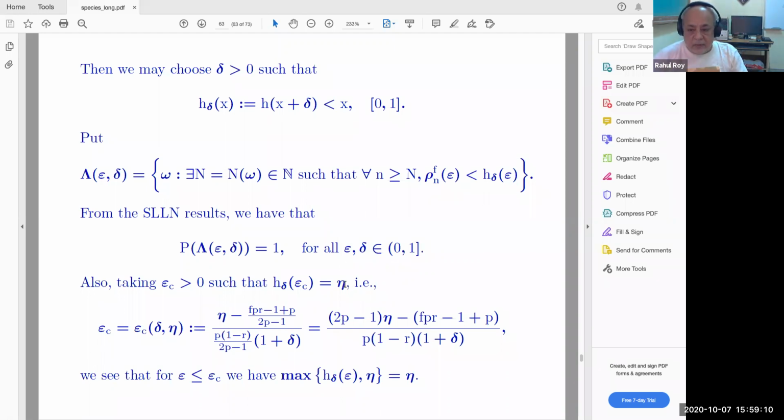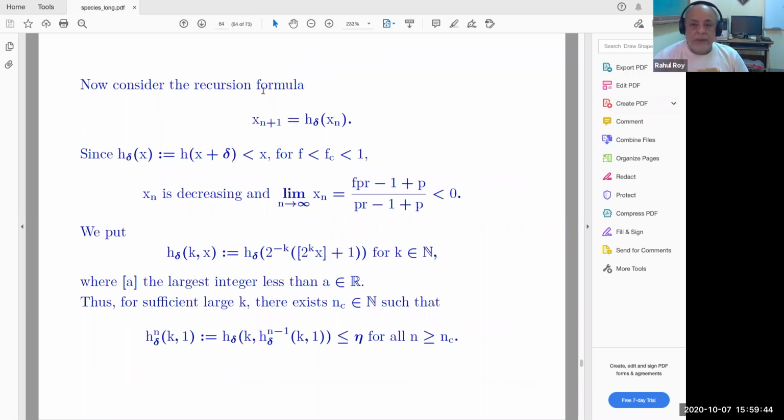Therefore, going back to my eta, which was there in the definition of the lemma, if I can get an epsilon c such that h delta epsilon c equals eta, and if we do the calculations, we find that epsilon c is exactly this quantity. So we see that for all epsilon less than or equal to epsilon c, the maximum of h delta epsilon is eta.